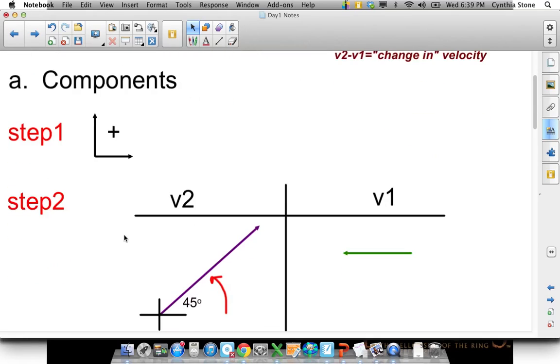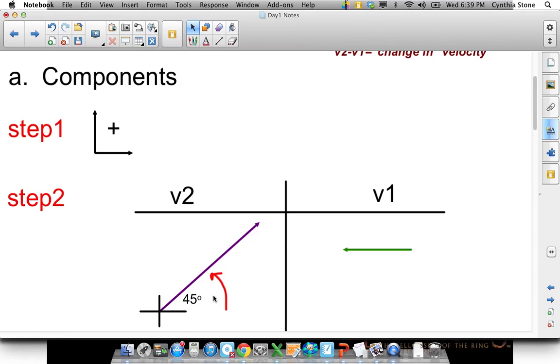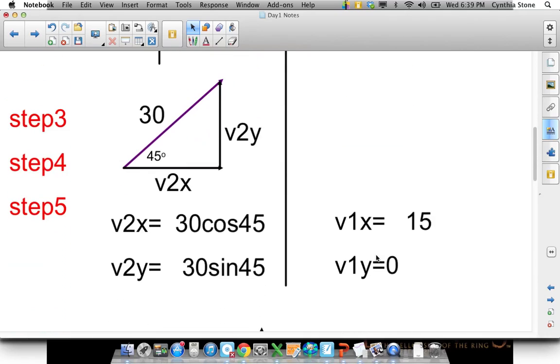Draw the vectors, right? 30 is the magnitude, and 45 degrees east to north, or north of east, because it's going to be 45 degrees either way. And the v1 is just a horizontal vector. So going through steps 3, 4, and 5 and finding the x and y components. In this vector, here's my 45 degrees, and I close in that vector, so add v2x and v2y, make my right angled triangle where this is my hypotenuse.